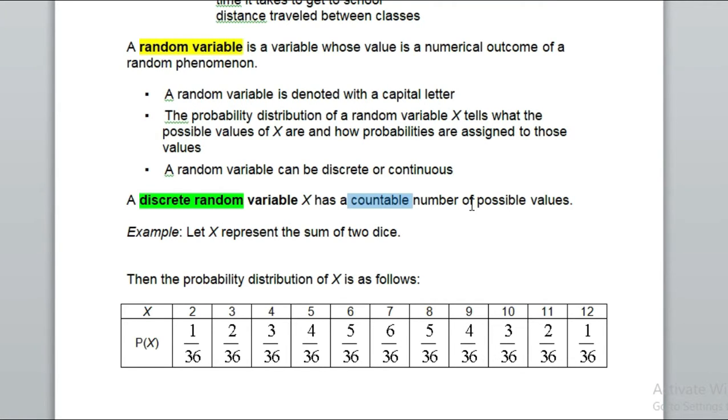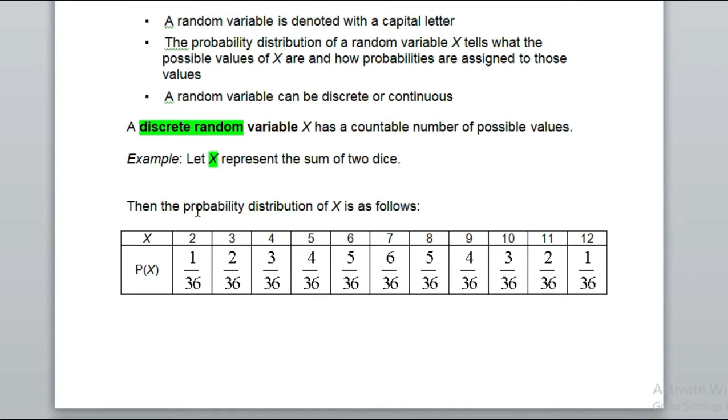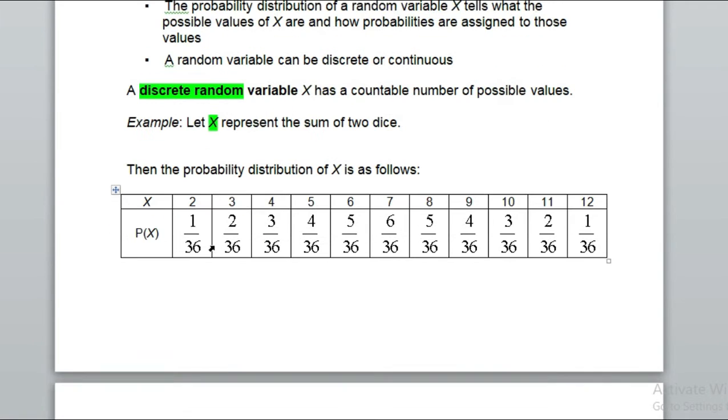Let x represent the sum of two dice. You can assign x as a discrete random variable to represent the sum of two dice. Then the probability distribution of x is as follows. P of x means the probability of x. With two dice we get 36 outcomes.